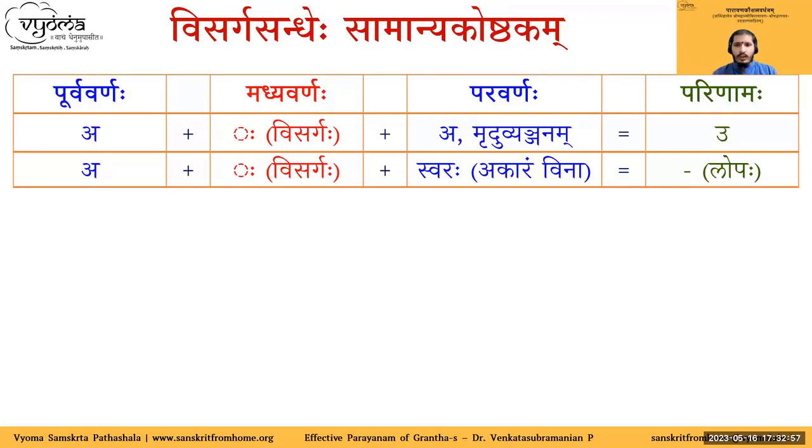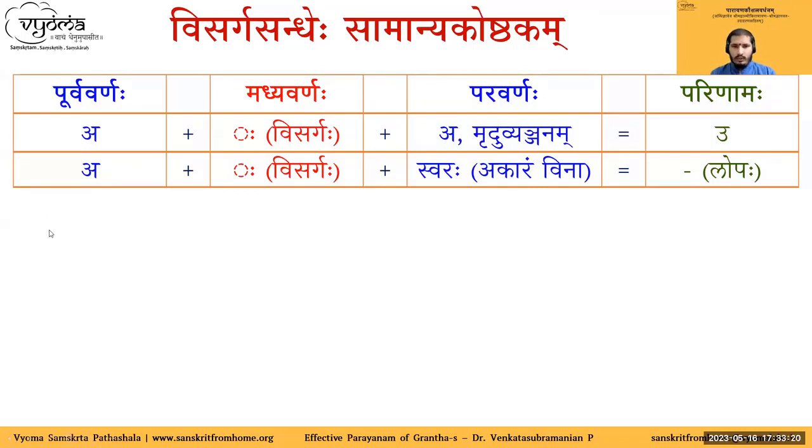That is, there is no adesha or nothing occurs. Just visarga gets deleted. This is the second type. Purvarna being the akara, madhyavarna visarga, paravarna any swara except hraswa A, we get the deletion. That is, visarga gets deleted.